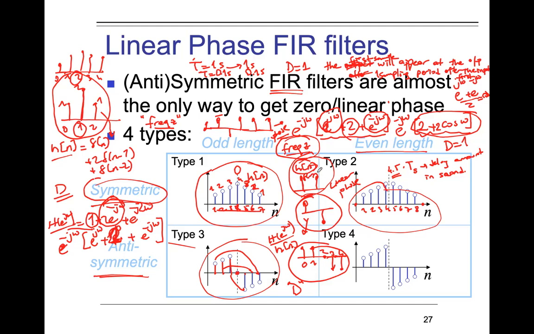Is there a y component here? If I write the h of n of this one, Dirac n plus 2 Dirac n minus 1 plus 3 Dirac n minus this and that. This is an FIR filter, right? Yes, FIR. y of n is equal to x of n plus 2 x of n minus 1 and so on.